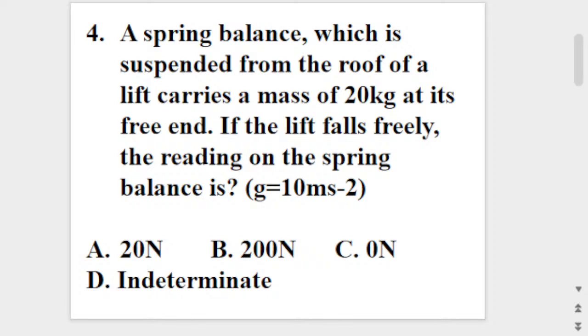Now T is the reading, and that's exactly what the question is asking us, the reading in the spring. If we make T the subject of the same formula, we bring ma across and take T to the other side. Now we are left with mg minus ma is equal to T. Here, m is common, so we can factor m out. m times (g minus a) is equal to T.